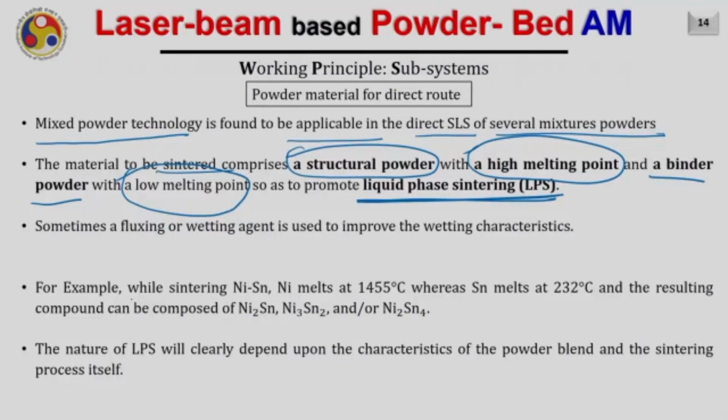Sometimes in the mixture we usually provide a fluxing or wetting agent also, that accelerates the wetting characteristics while the liquid phase sintering happens on the machine.